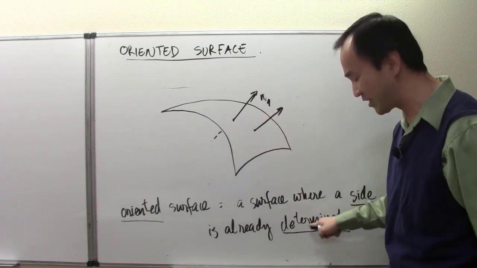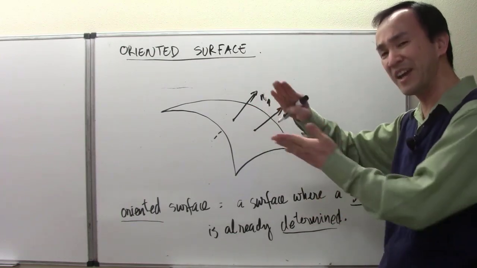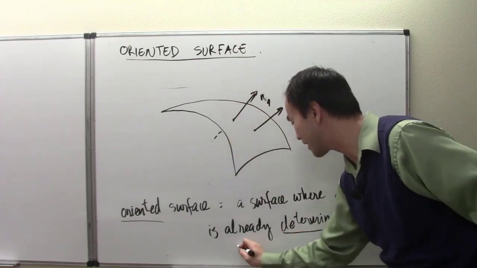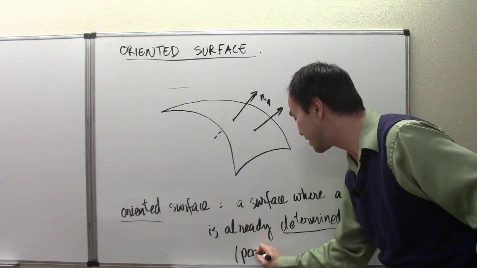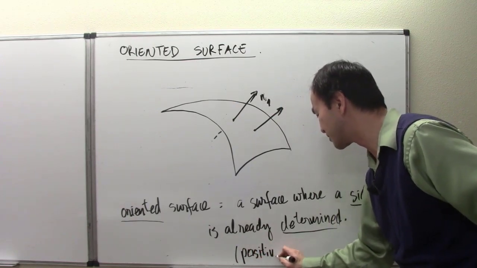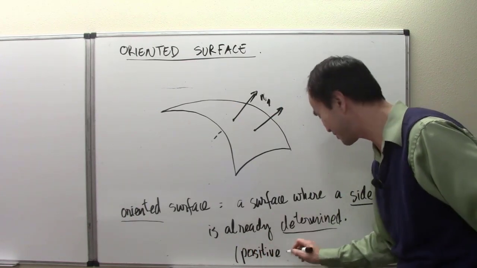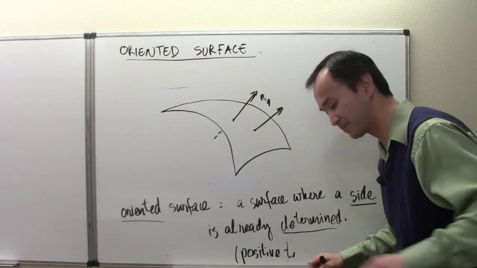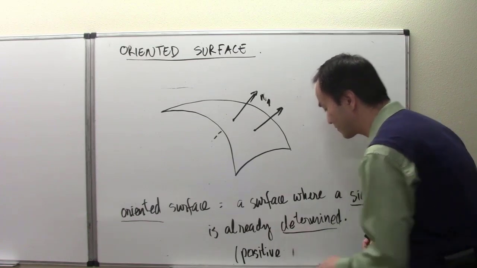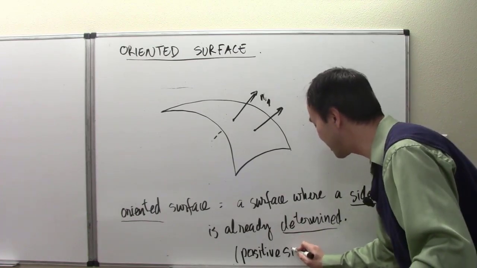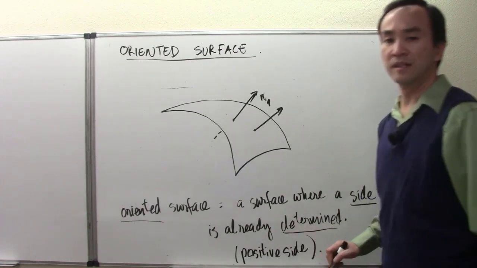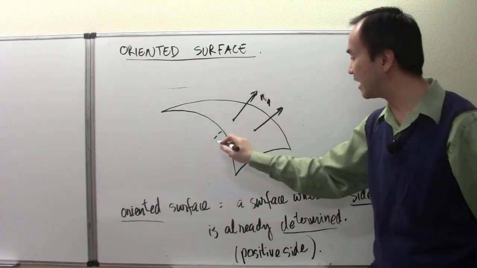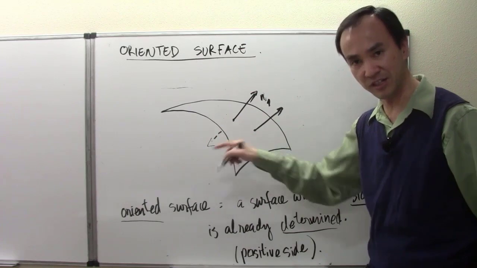The side you have determined, indicating where it's facing, people usually call the positive side, even though I don't use that term that often, but sometimes I may. Once you have determined which side is the positive side, automatically the opposite side will be the negative side.